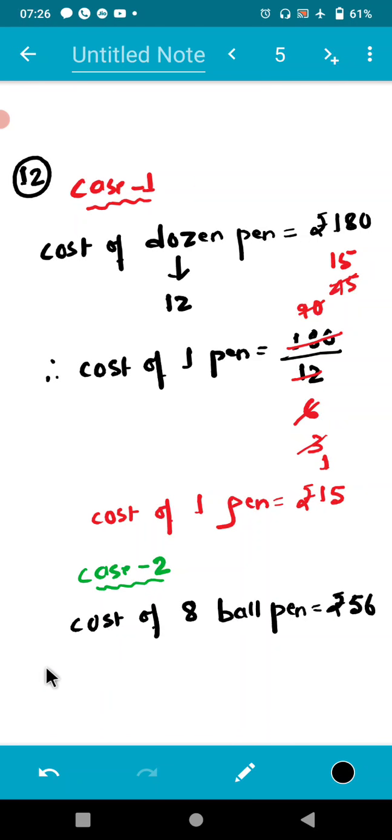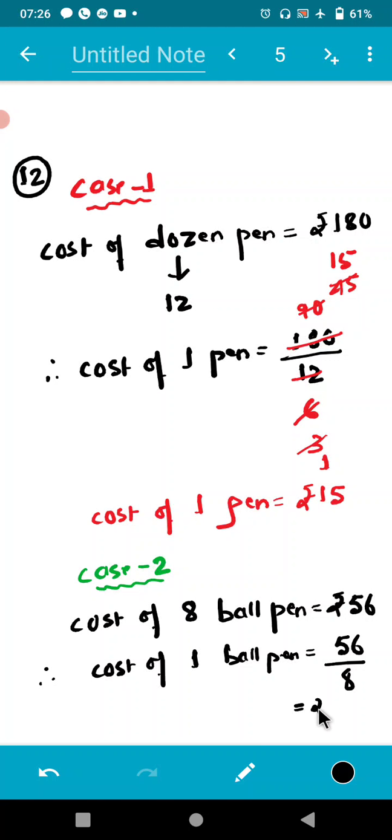Okay, now obviously we have to find out the cost of one ball pen. So cost of one ball pen would be equals to what? Obviously it would be less, so we'll divide 56 with 8 and your required answer would be 7.